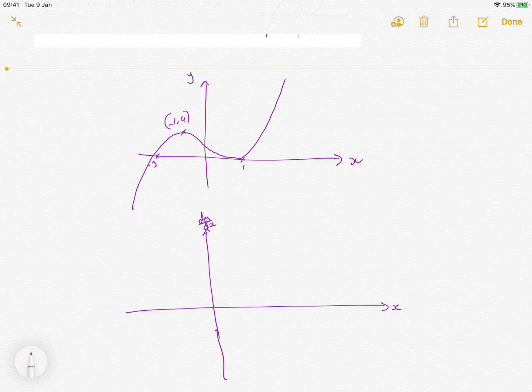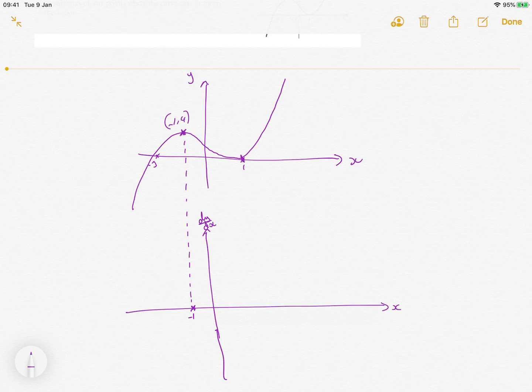So first thing I'll do when you're sketching it is look for your stationary points. Your stationary point is where dy/dx is 0. So that means that where x is -1, dy/dx is 0. So that matches up with that point there.